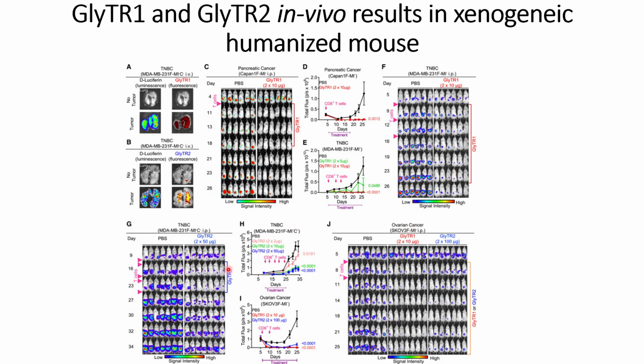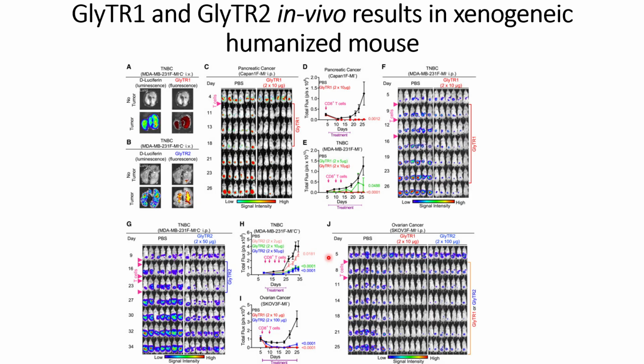However, when we see the quantifications, we can see that the overall flux is higher in the control compared to GlyTR1 and GlyTR2, and the p values are lower than 0.05 for GlyTR1 also.